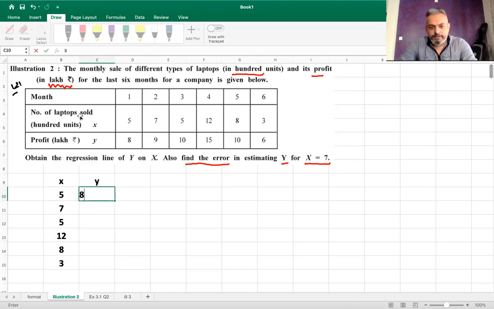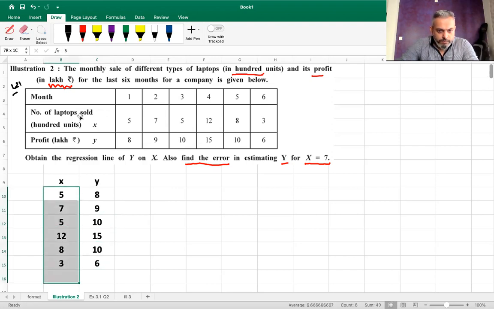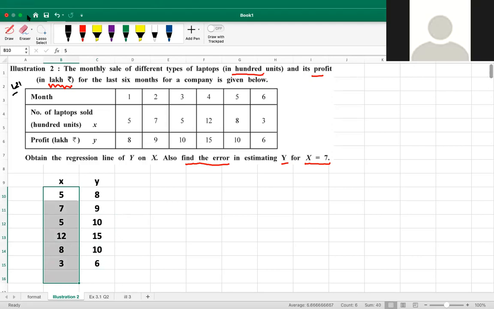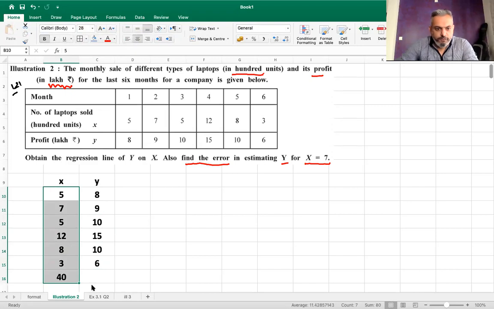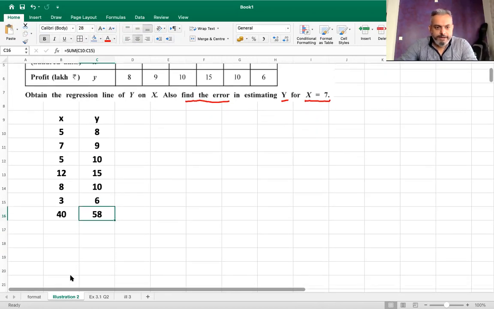Then 8, 9, 10, 15, 10, 6. Let's check. Yes, that's true. So the total comes to 40, and over here the total comes to 58.